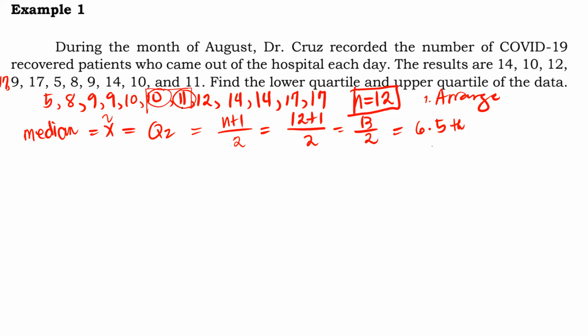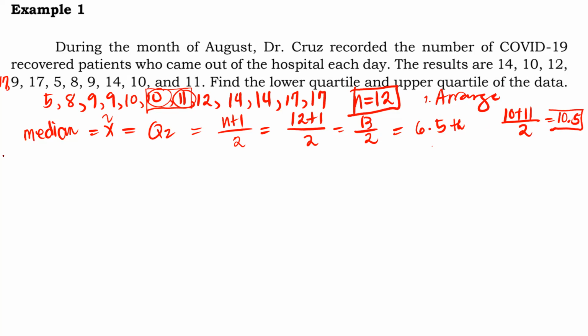So, makikita nyo, dalawa yung median natin. Ginagawa natin, ina-add natin sila. That's 10 plus 11 divide by 2. We have 10.5. Okay? So, yung data natin dito has a median of 10.5, a second quartile that is 10.5.